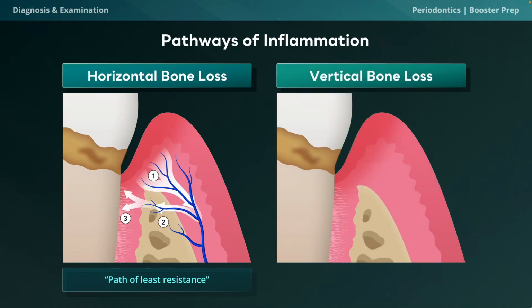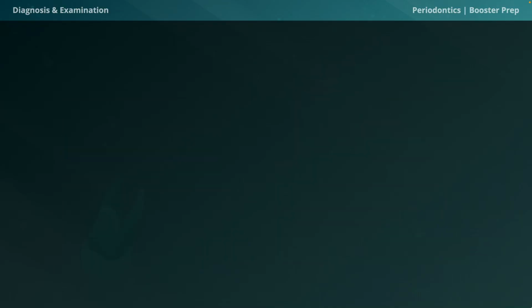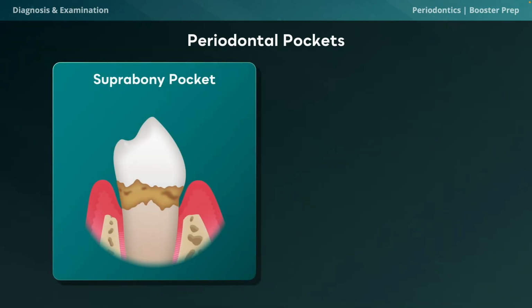In contrast, vertical or angular bone loss occurs when inflammation travels along the periodontal ligament space before involving the adjacent alveolar bone. This gives rise to an oblique or angular bone defect. Now, depending on the type of bone loss we get, we also have two different ways we can describe a periodontal pocket. In a suprabony pocket, the base of the sulcus is located coronal or above the level of the alveolar bone.